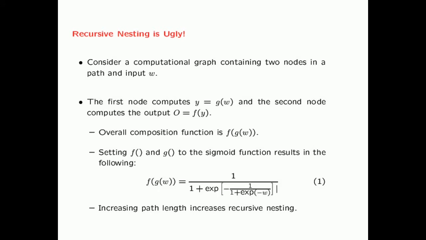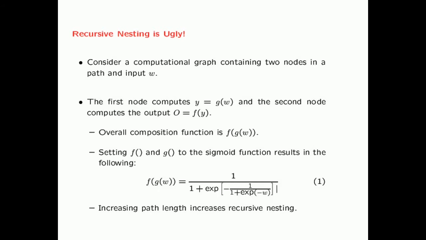Now let's look at what happens if we set f and g just to the simple sigmoid function, which is an activation function that is used very frequently in computation graphs. If you set f and g to the sigmoid function, what you have is the expression shown in equation 1. As you can see, this expression already looks pretty ugly.